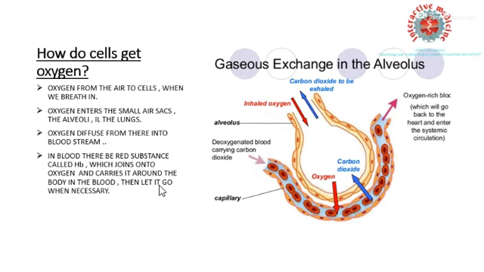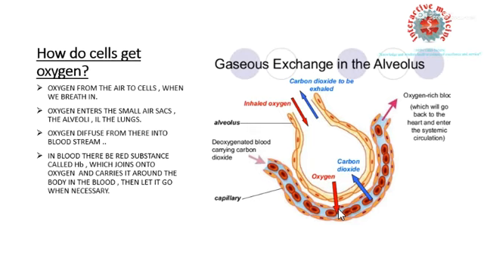How do cells get oxygen? Oxygen from the air to cells. When we breathe in, oxygen enters the small air sacs, the alveoli, in the lungs. Oxygen diffuses from there into the bloodstream. Here, in blood, there is a red substance called hemoglobin.